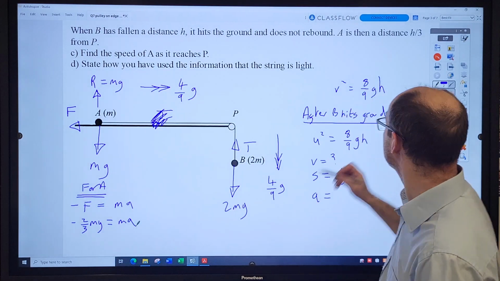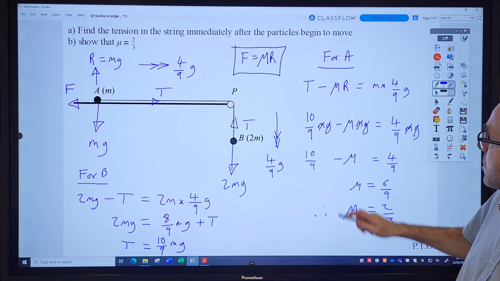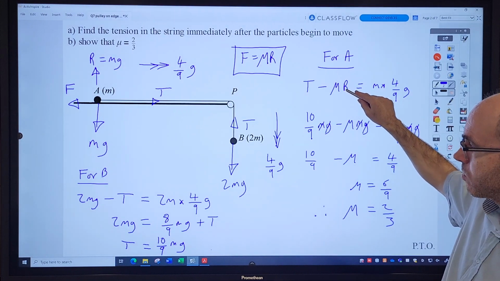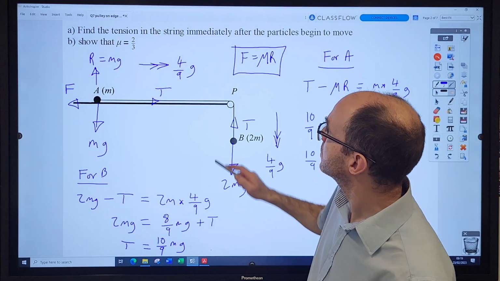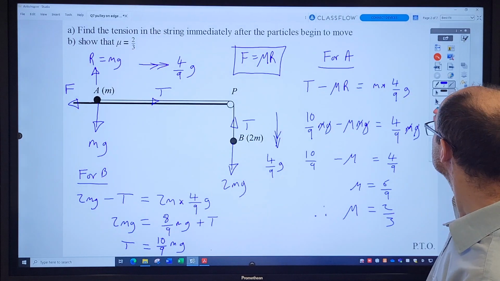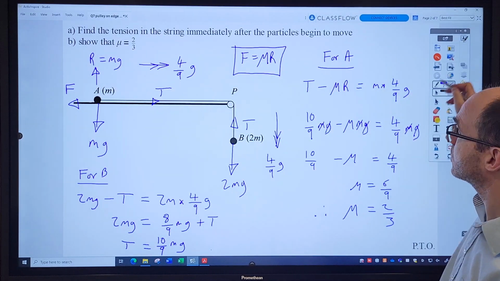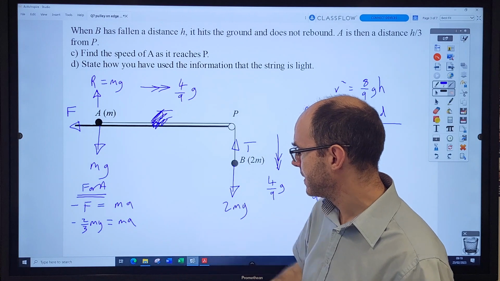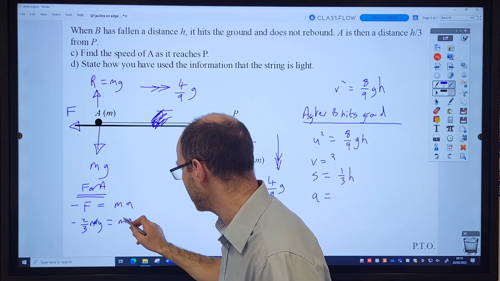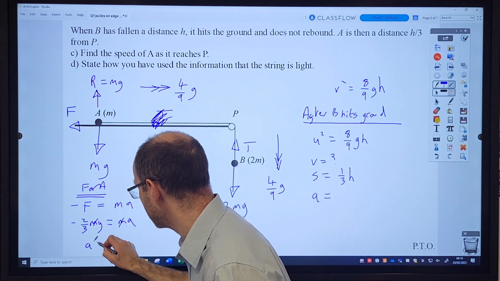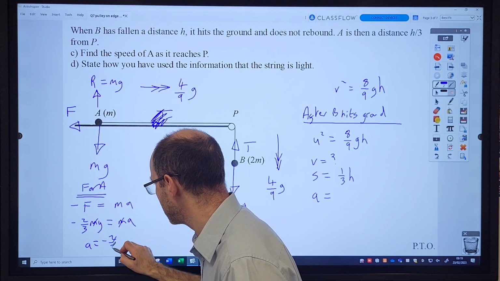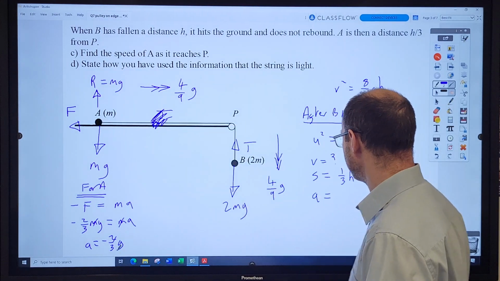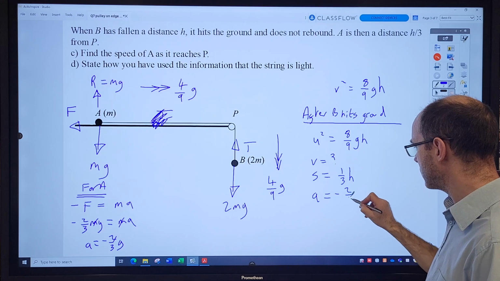I'll just show you that again so you can see. So we had F is equal to mu R, where we're told that mu was equal to 2/3, so 2/3 of R, where again R was equal to mg. The m's will cancel in that, and we just get a is equal to negative 2/3 g.